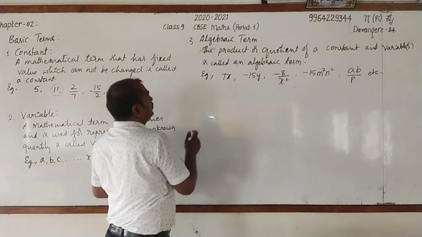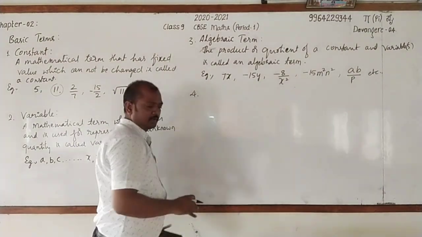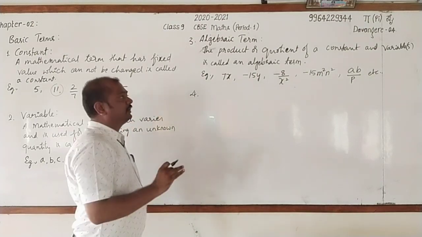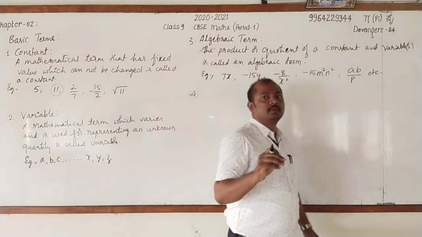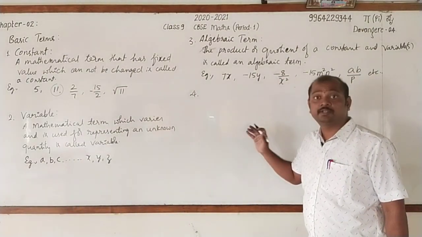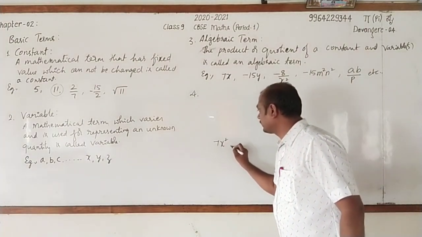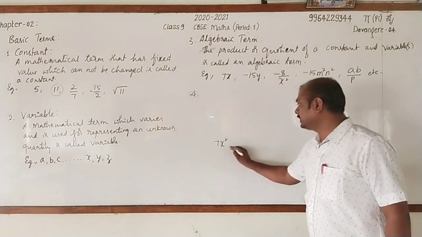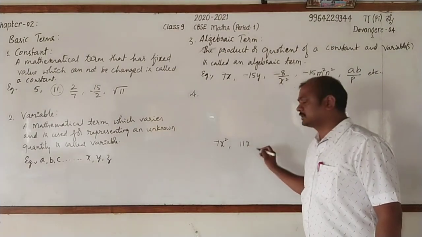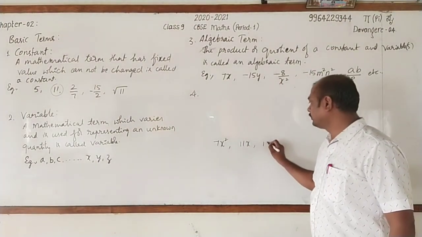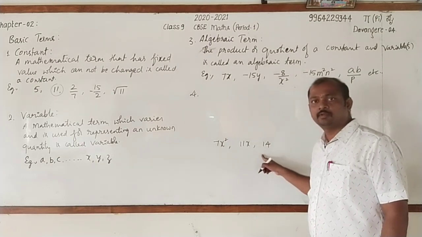Now I'll move on to the fourth one. Observe carefully. Here I am going to take some algebraic terms. I take 7x square, let me take 11x and 14. How many terms are taken? 3.